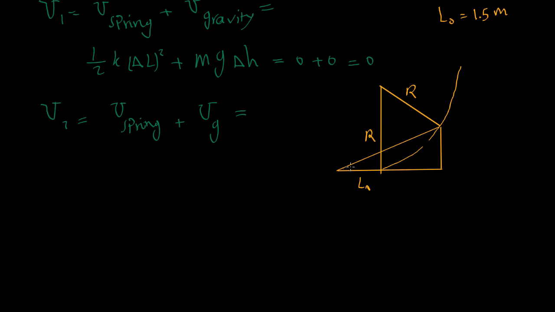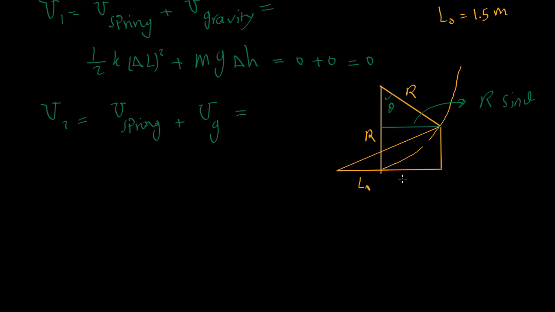We are looking for this side of this triangle. So I can say that, let's change the color, if this is theta, this quantity, this is theta. So this quantity here is R sine theta.